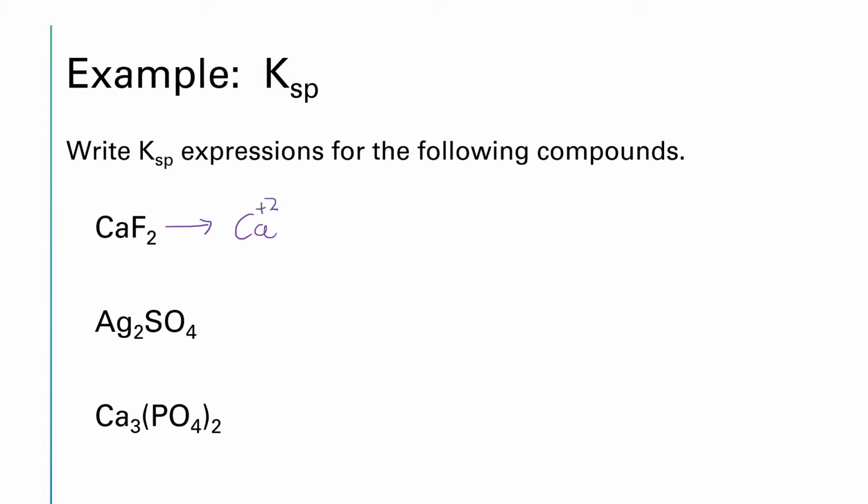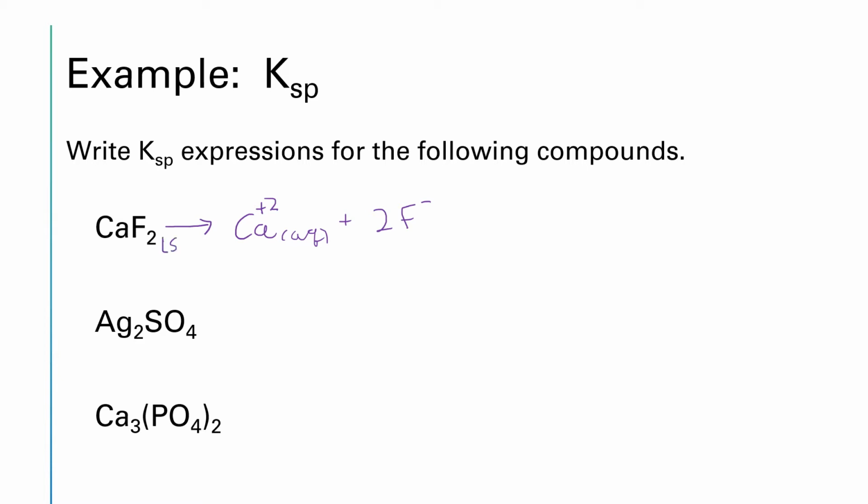Because calcium's an alkaline earth, it's in group 2. And then that will also give us 2 fluoride ions because fluoride is a monatomic ion. That subscript of 2 is there just for charge balance so that we have 2 negative ions from fluoride to balance the 2 positive charges from the calcium ion.